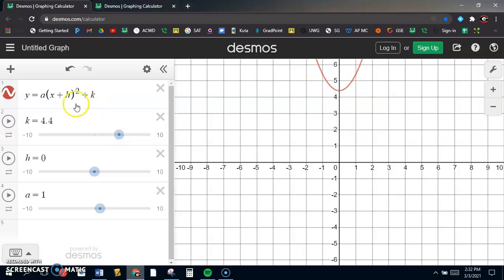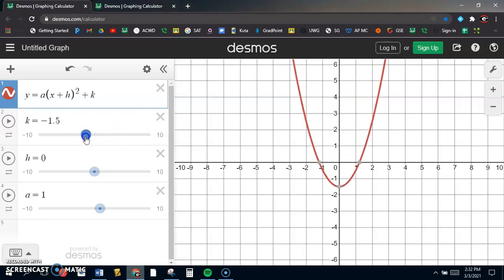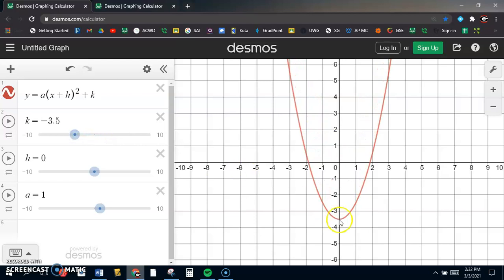So what this is doing is saying, okay, what if we take this and we add it to, in this case, 4.4. It goes up 4.4 units. So if I add on the outside, you're going up. If I go the other way, and it becomes negative, you see it's now below the x-axis. So I'm going to reset that back to 0.